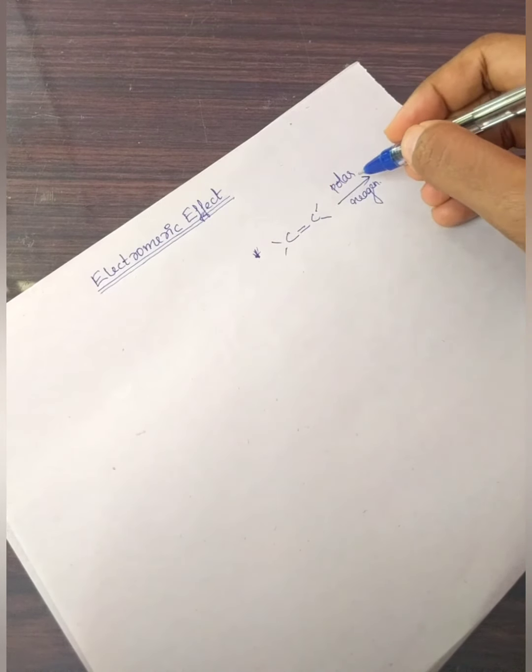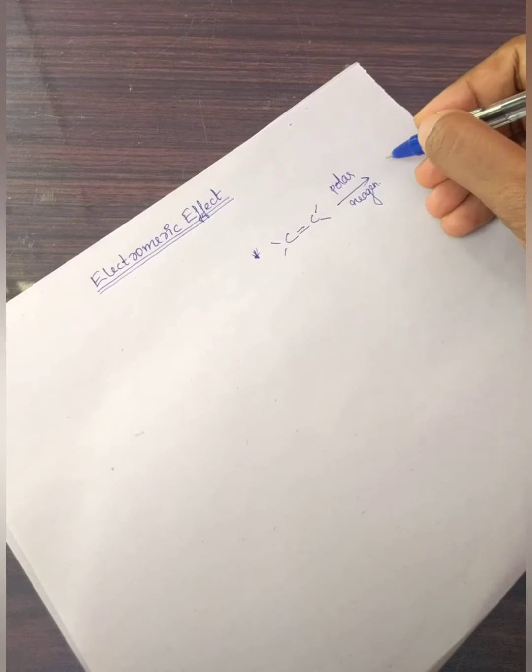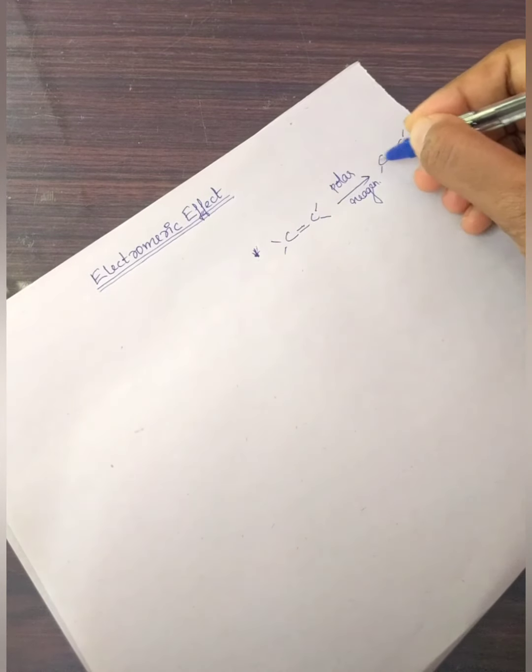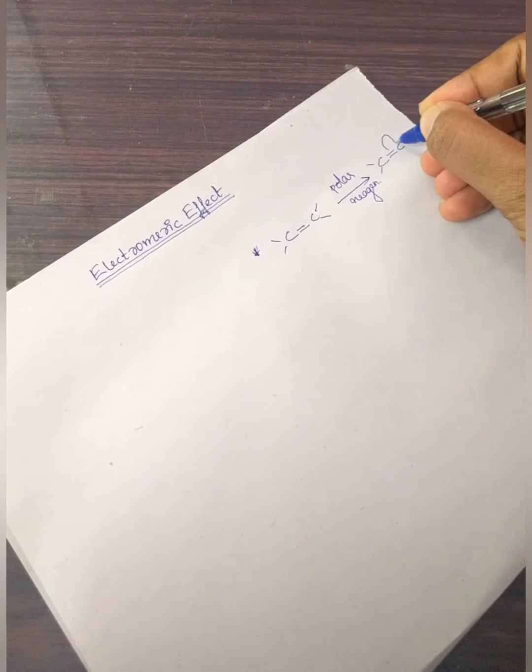So here, because of the polar reagent, there will be a shift of this double bond to one of the carbon atoms. You can represent the shift of the double bond like this.